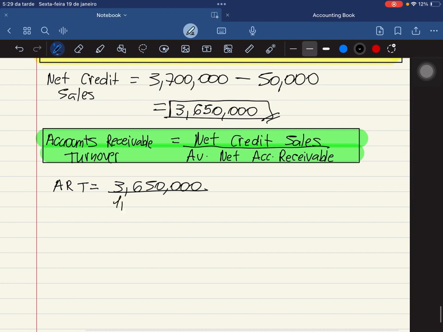Okay. And that, ladies and gentlemen, is approximately 2.95, actually, 2.95. And that's how you calculate it.